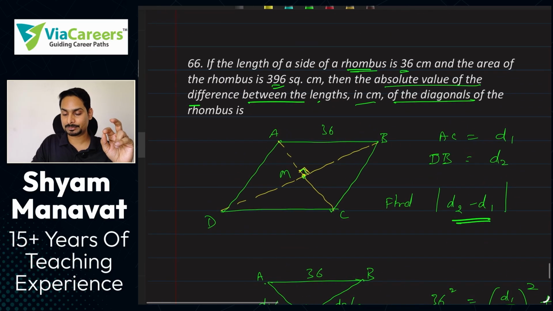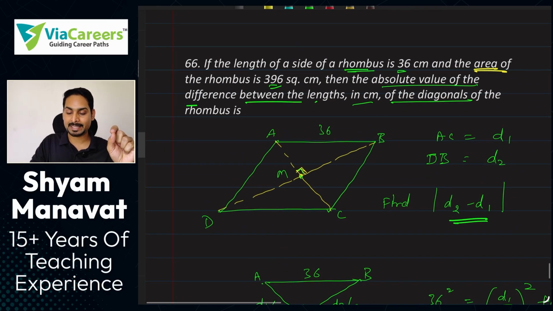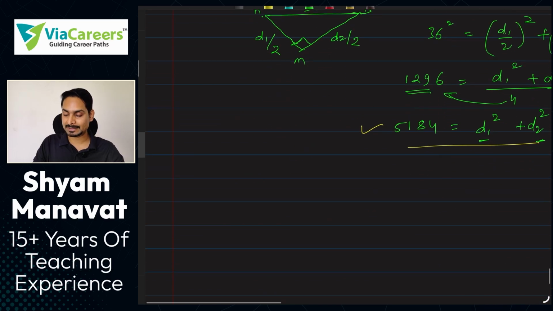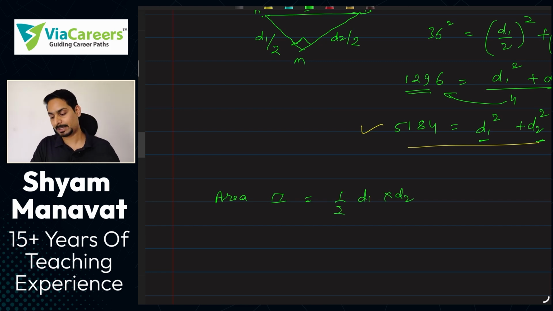For that, we will use the next information, which is that the area of the rhombus is 396. So what is the formula for the area of a rhombus? Parallelogram is also the same. So the area of a rhombus here is half D1 into D2. We have discussed this formula also in our geometry class.